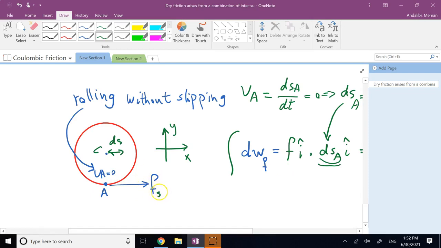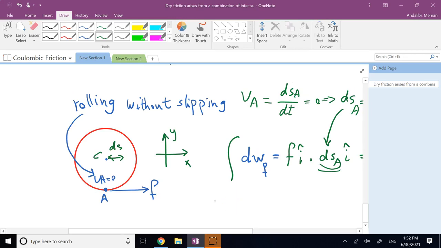When this F is Fk, you have slipping, then yes, the work of the friction is negative Fk times delta S, where delta S is the distance traveled, and Fk is mu k times N, and this negative one is because the friction is opposite to the direction of motion. So the angle between them is 180, and cosine of 180 is negative 1. Okay, but static friction does not do any work, and you do not need to spend energy to overcome that.